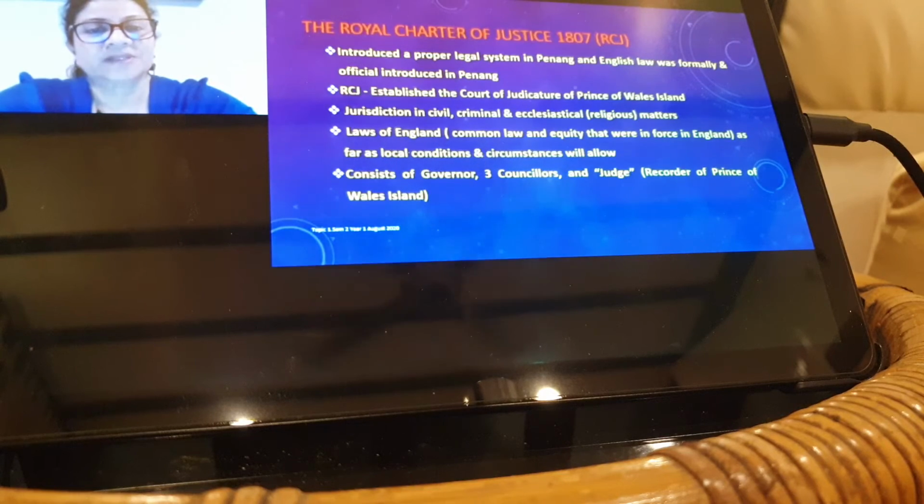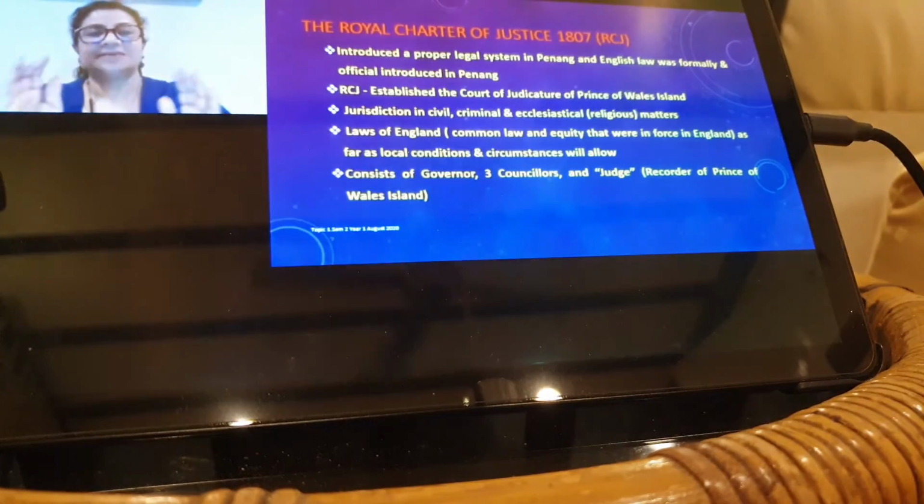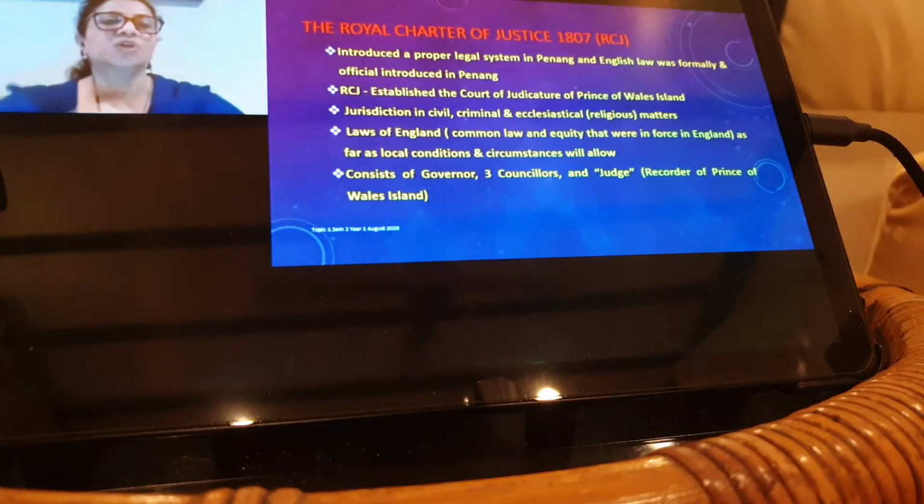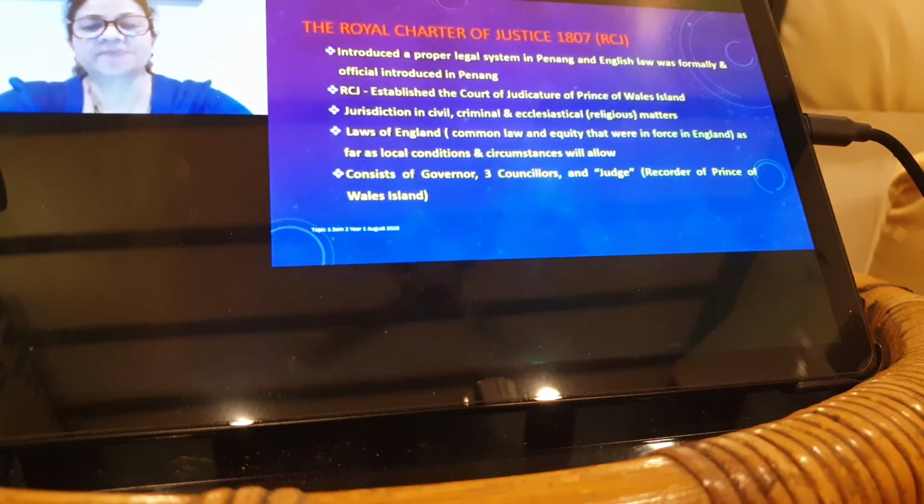Subsequently, the Court of Judicature of Prince of Wales Island was introduced. So a legal system, a court system, was introduced in Penang, with various jurisdictions: civil, criminal, as well as religious matters.